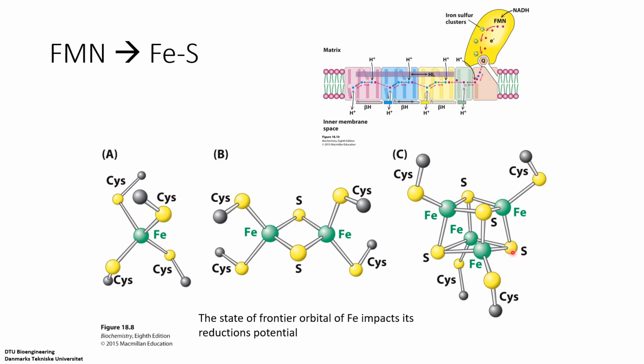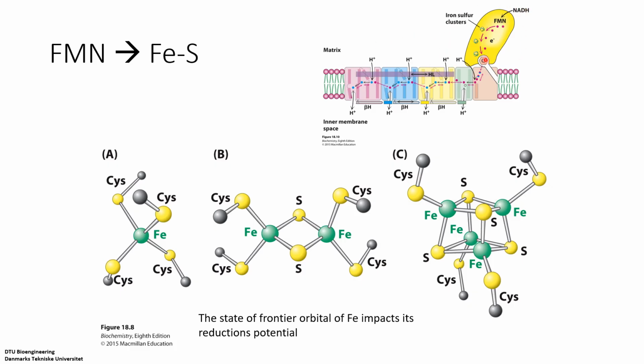We have a depiction of 3 different iron sulfur complexes, which differ depending on which organism it is in, but the principles are the same. The electrons are donated from the FMN, so the FMN is oxidized back to the oxidized form and reduces the iron 3 to iron 2 in these complexes. So that's all in complex 1.